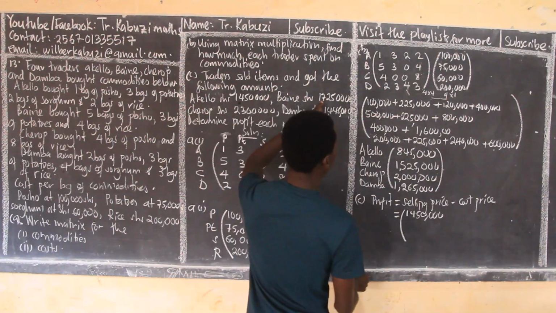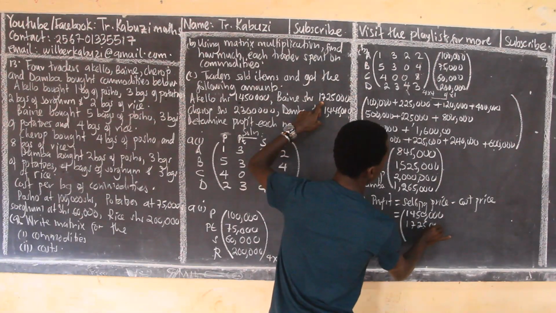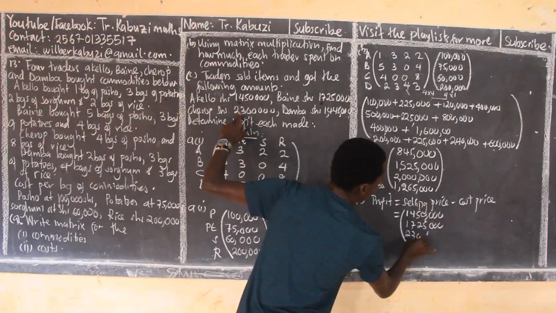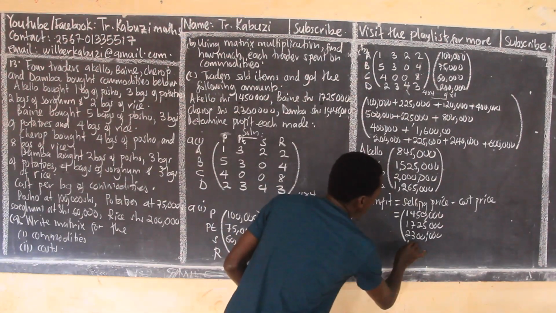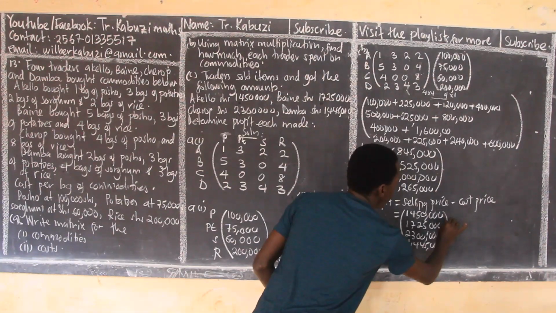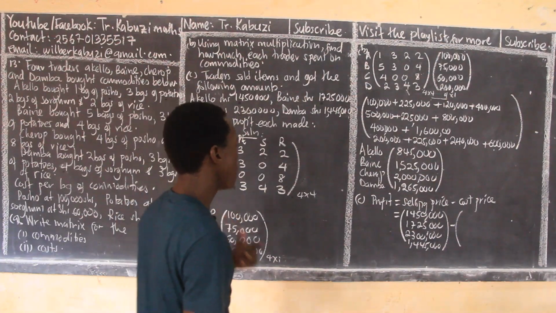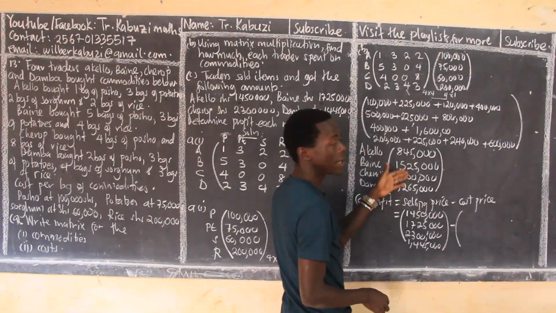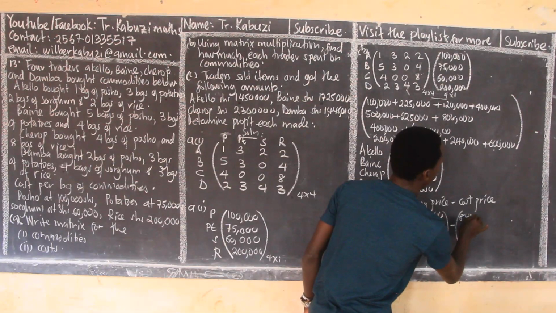Then Baine had 1,725. Then this one had 23. And then lastly, this one had 1,445,000. Why am I putting them in this order? Because they told me using matrix C method. So now these were the cost prices, the amounts they spent when purchasing the products. 845.